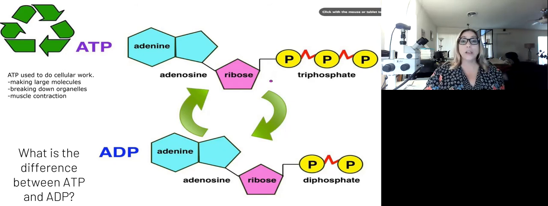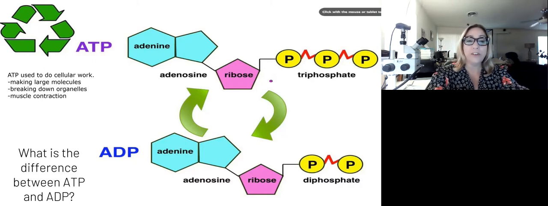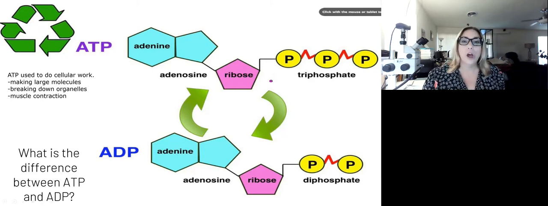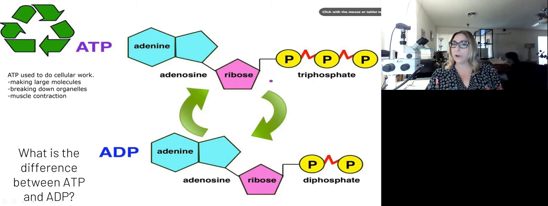So let's take a look at the ATP cycle. Now, up on top here is where we have ATP. So ATP actually stands for adenosine triphosphate, tri meaning 3.